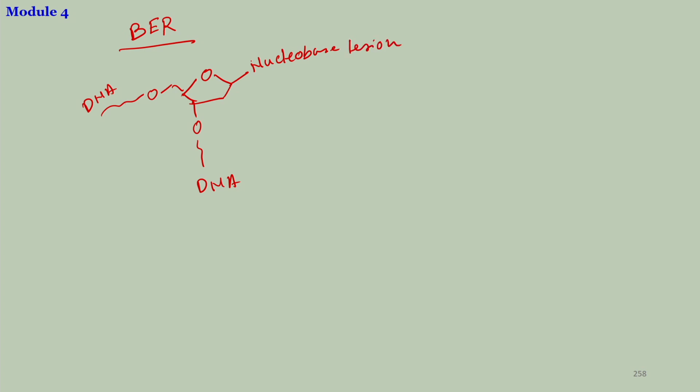So, this is the damaged nucleobase that has been formed in the DNA. Base excision means that it chops off the nucleobase part out of the DNA. This bond is your glycosidic bond.